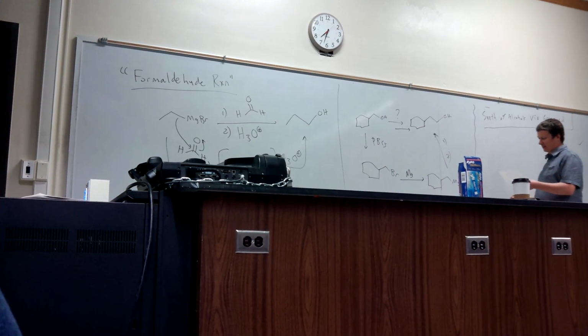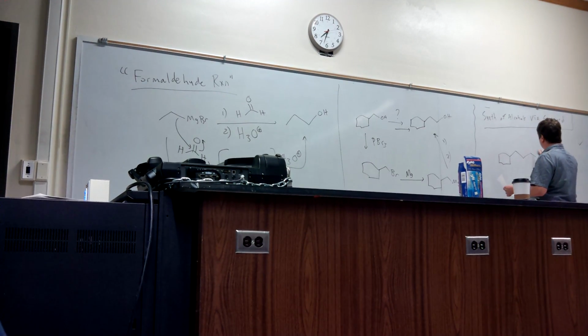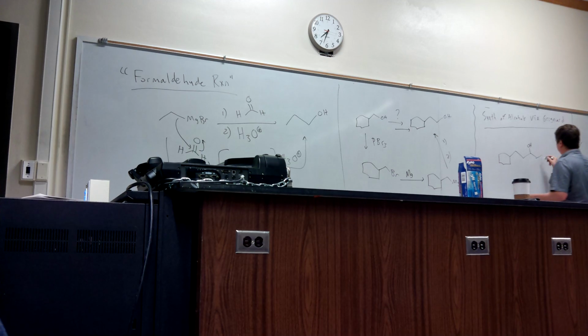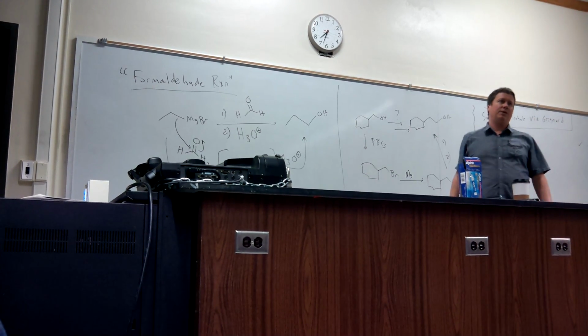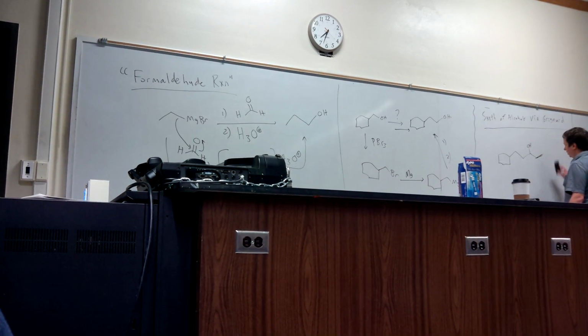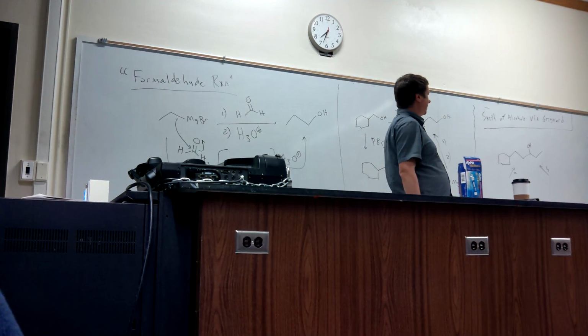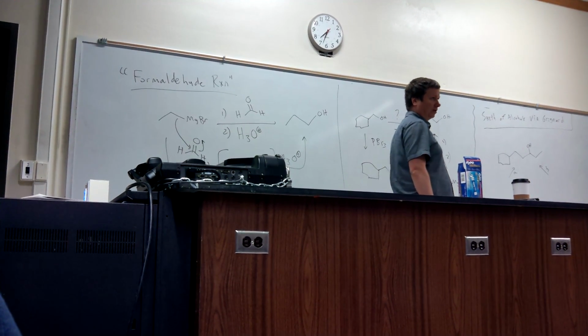So the idea is, say I have this alcohol I want to make. How many methods can I employ using Grignards that would make this alcohol? Basically 2 methods, right? You have 2 methods you could use to build that alcohol, right?